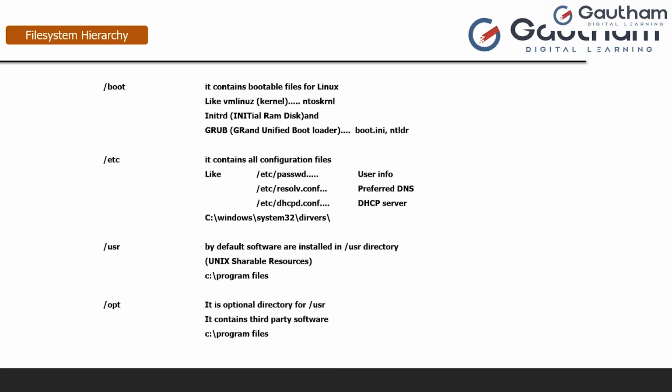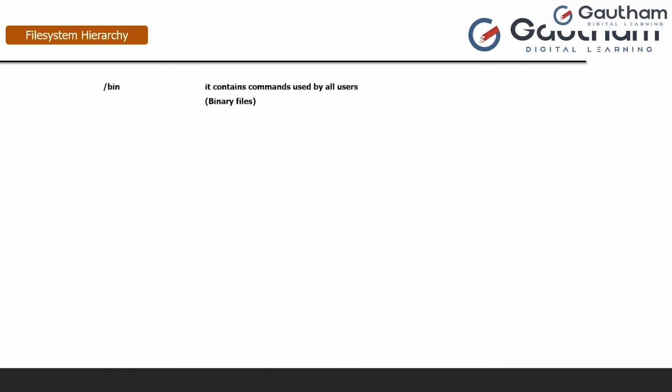Moving forward, we have bin that contains the commands that can be executed by all normal users. Whatever normal users are able to execute will be available over there. It can be a date command, it can be listing the files, listing the directory, seeing the properties, opening the browser, all that.